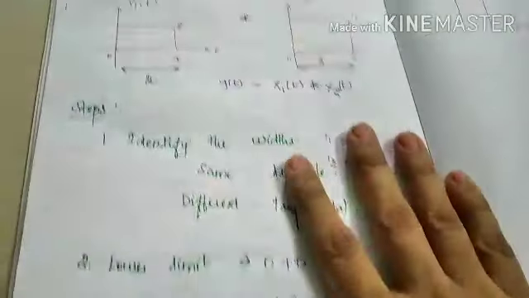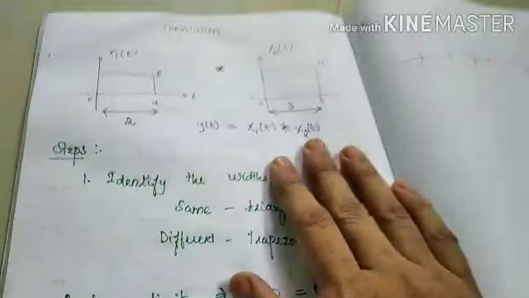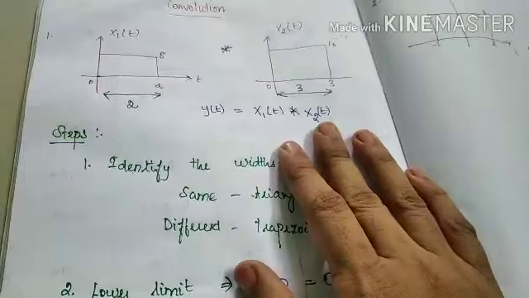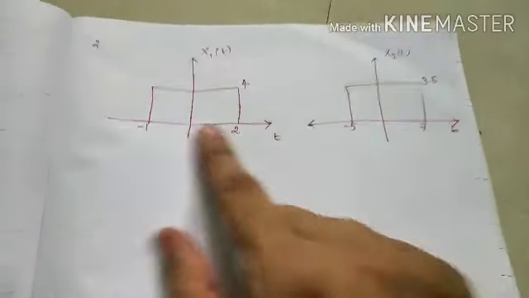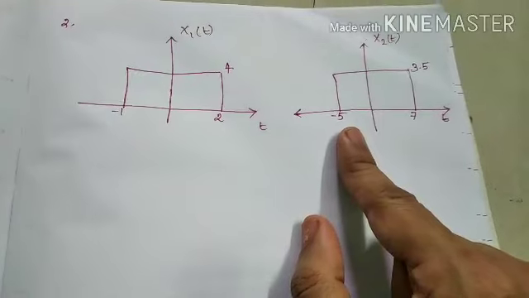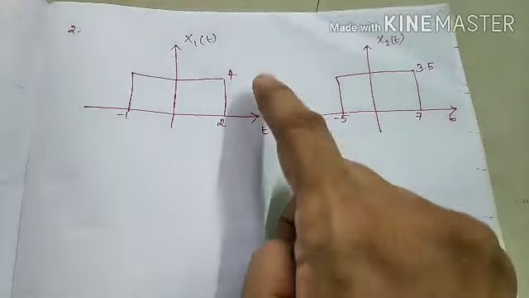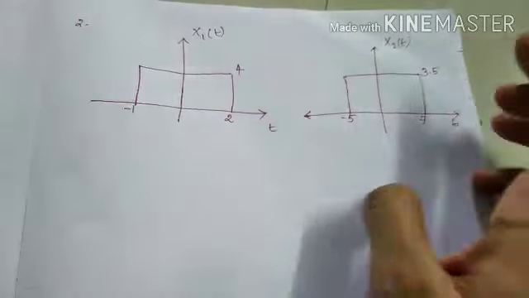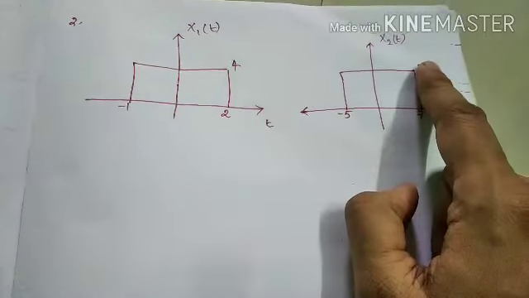See, in our next session, I will give you some complicated problems, some mirror image type of problems based on this convolution topic, right? This is that problem. Please try to compute this problem based on our same steps. x1 of t is minus 1 to 2 with the amplitude of 4. x2 of t is minus 5 to 7 with amplitude of 3.5.